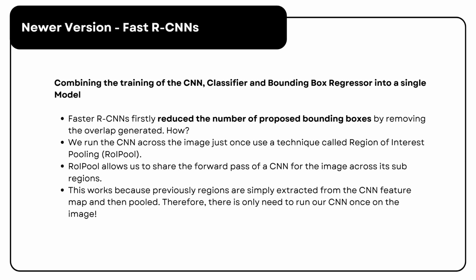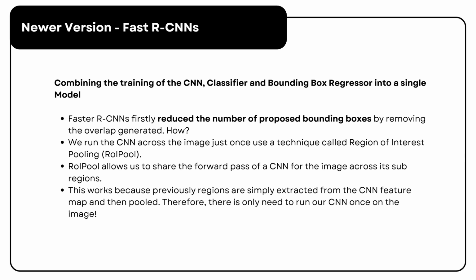Okay. Now let's talk about what made Fast RCNN such a major improvement over the original RCNN. Instead of passing each region proposal individually through a CNN, Fast RCNN only runs the CNN once per image.